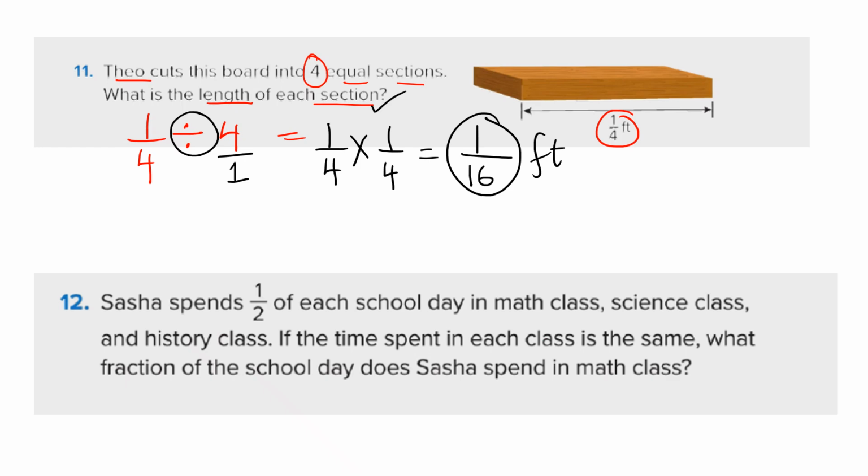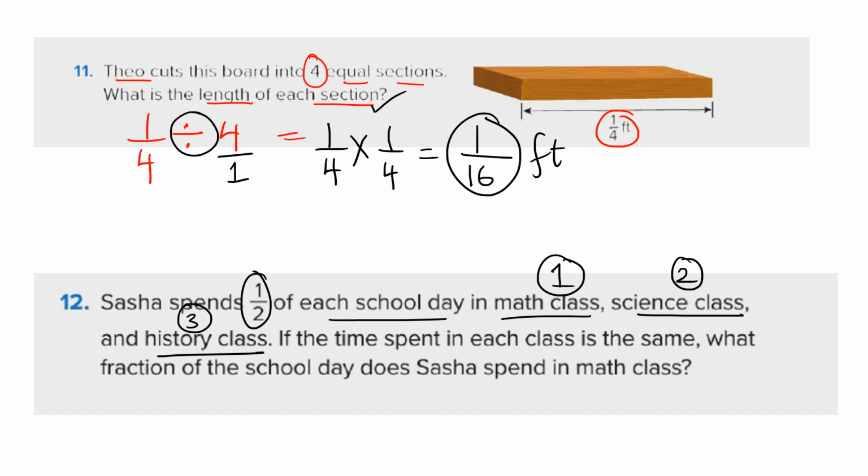Next question. Sasha spends 1 by 2 of each school day in math class, science class and history class. So how many classes? Number 1 is math. Number 2 is science. Number 3 is history. If the time spent in each class is the same, meaning, for example, she spent 30 minutes in math, then 30 in science, 30 in history, equal time in each class.